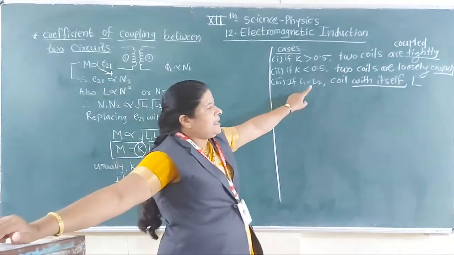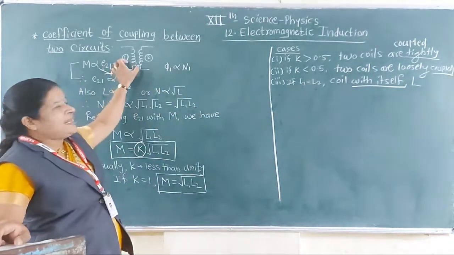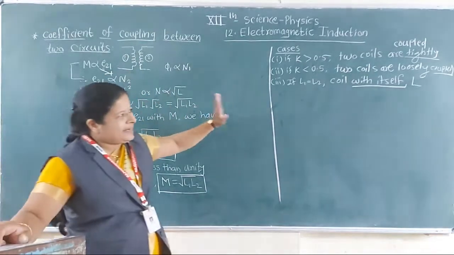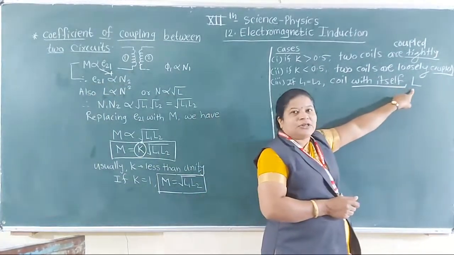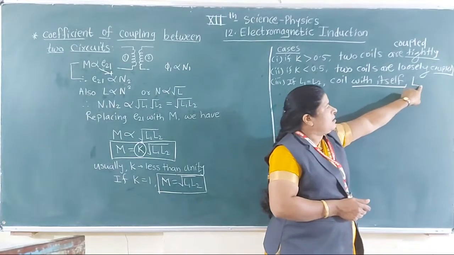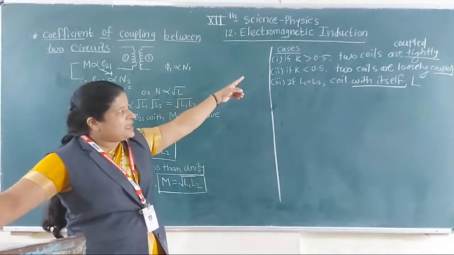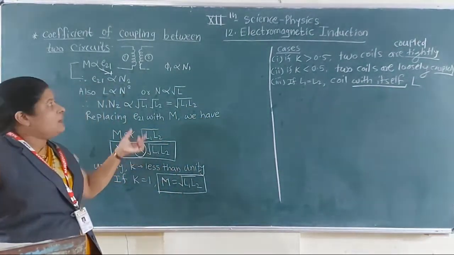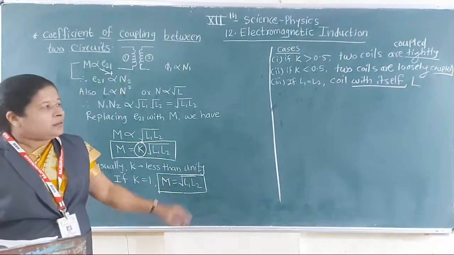When L1 is equal to L2, the coil is coupled with itself and we call it self-inductance. Self-inductance is denoted by capital L.